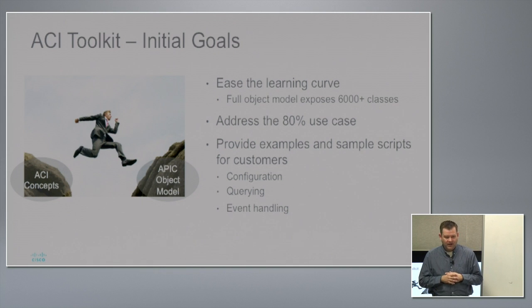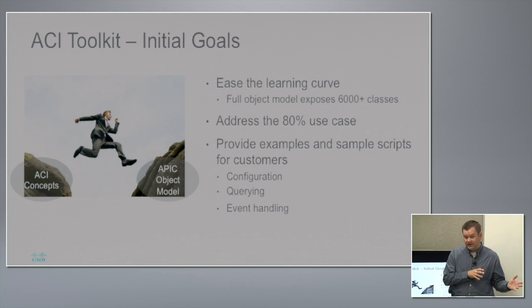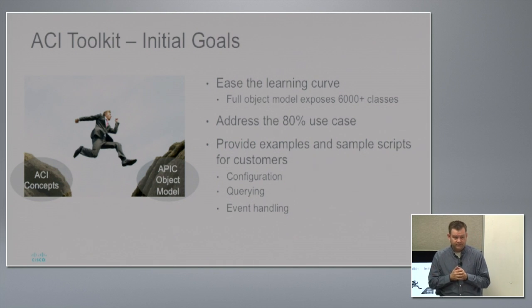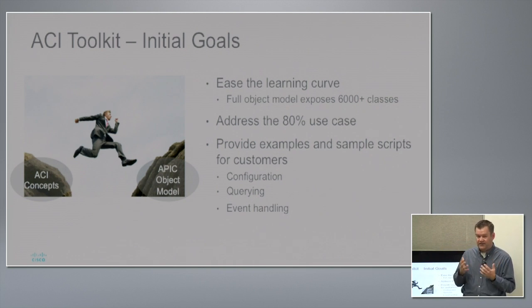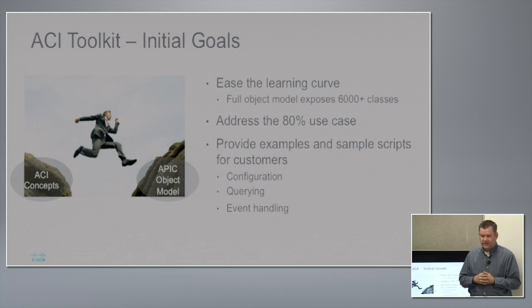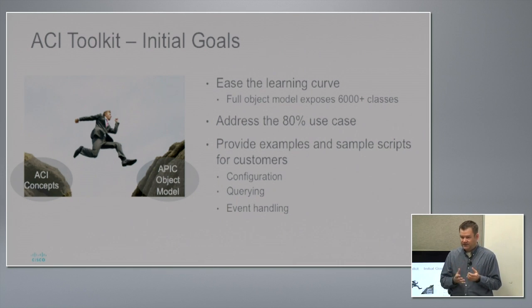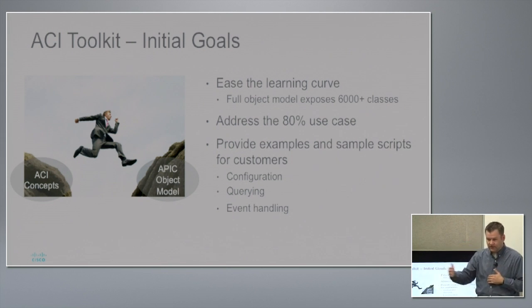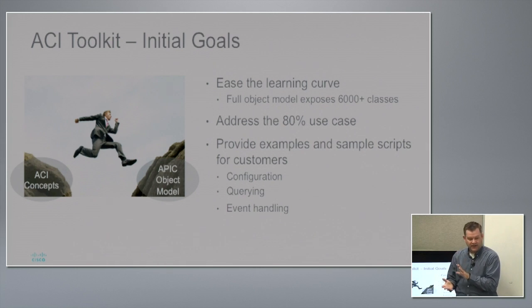For a lot of networking folks, going from a world of CLI to the DevOps mentality, where everything is automated infrastructure, is quite a leap. So we want to take something where you have these concepts of ACI and you understand those. How do we accelerate and help folks get to the point where they are using the object model and taking advantage of all the capability that's there?